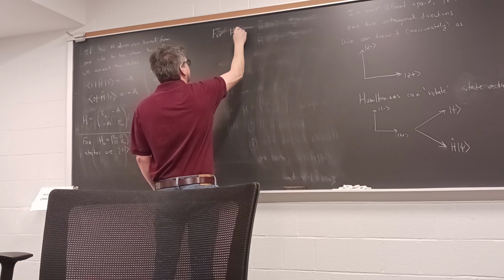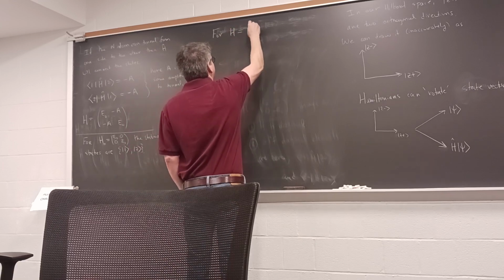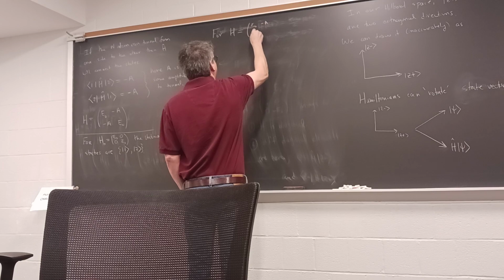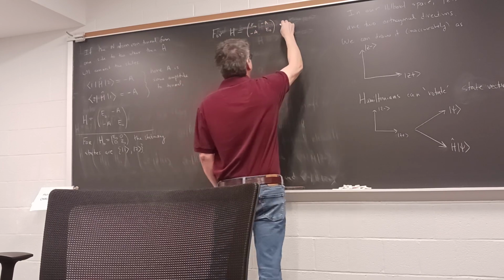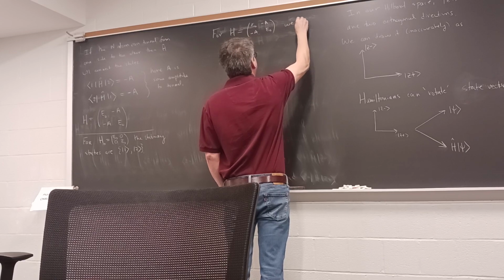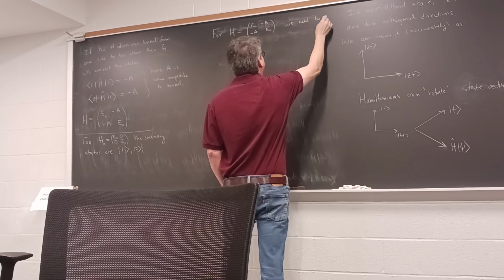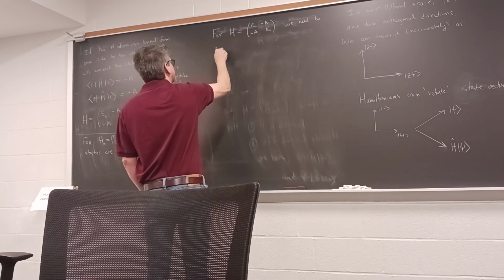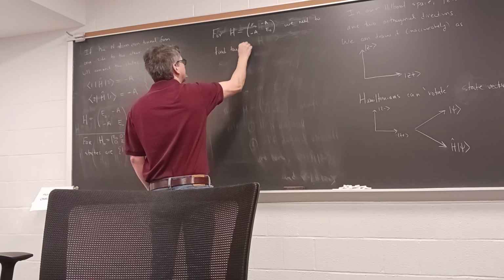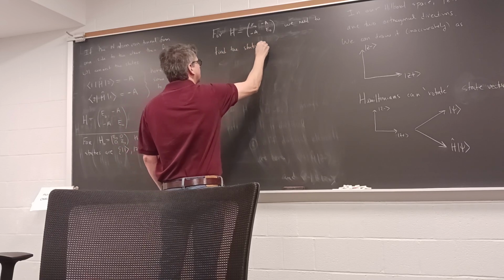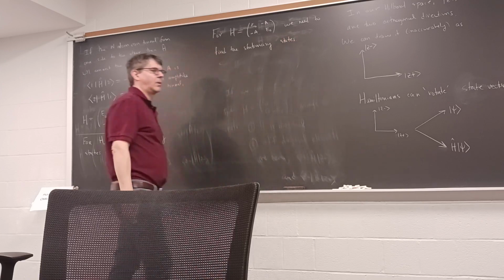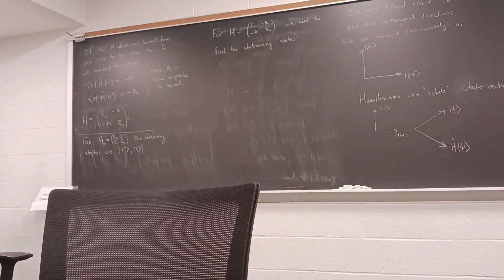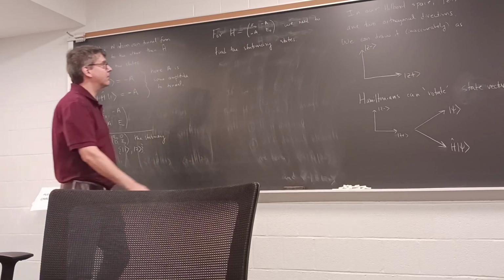Now we have H equal to E0, minus A, minus A, E0. We need to find the stationary states. Because now the nitrogen atom can flop back and forth.